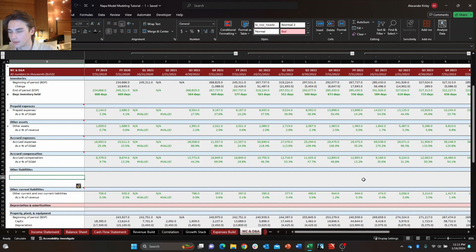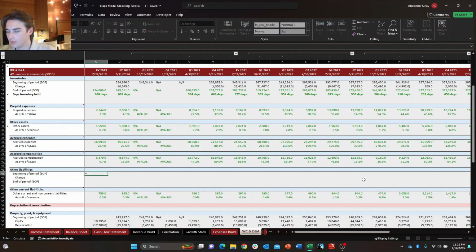We have to insert a row here because we need to do beginning of period, change. Yeah, so we can just copy this from up here. Excellent. Now, beginning of period, other liabilities. We'll do end of period here.